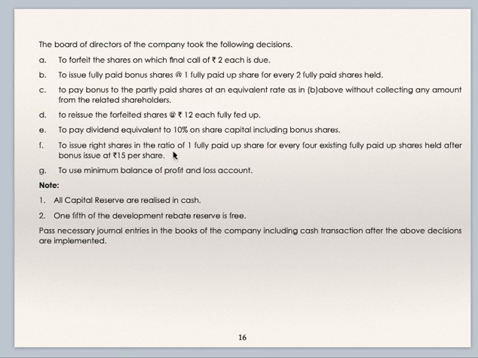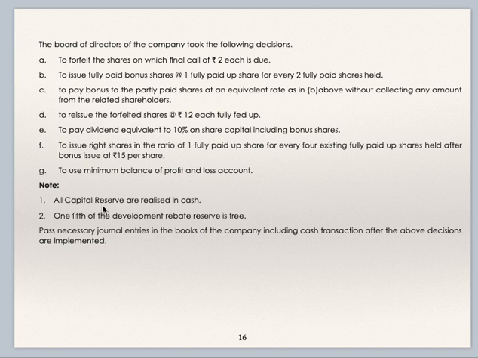Issue right shares in the ratio of 1 fully paid up share for every 4 existing fully paid shares held after bonus issue at 15 per share. So right shares are issued in the ratio of 4:1 at rupees 15, using the minimum balance of profit and loss account. Notes are given.